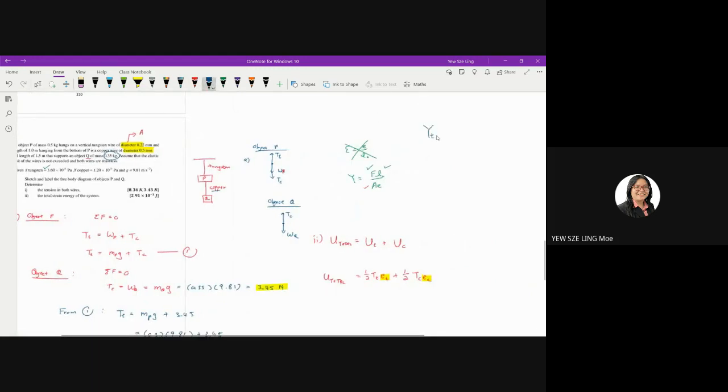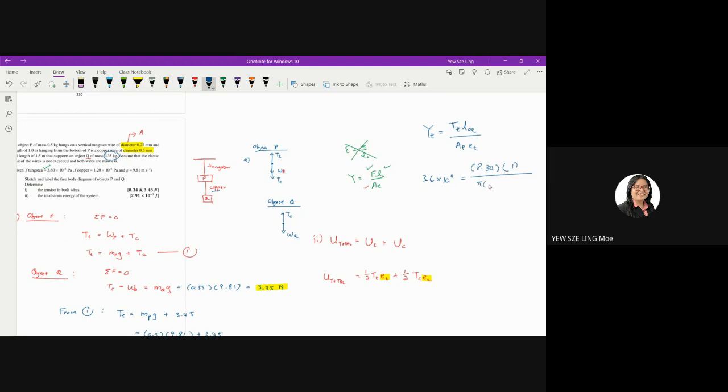So Y for tungsten equals T_T L naught T over A_T e_T, so everything is for tungsten. Y for tungsten is 3.6 times 10 to the power of 11. This then equals the tension for tungsten, I have 8.34, original length given is 1 meter, over area. Because I don't have the area, I'm going to apply pi d squared over 4.